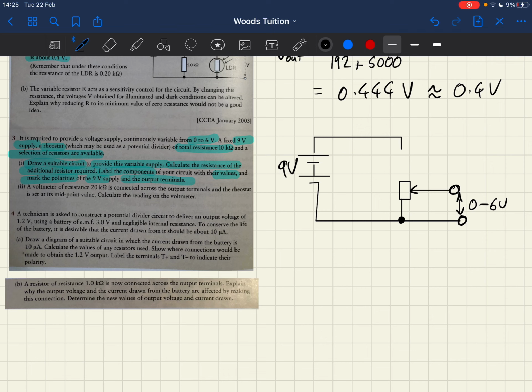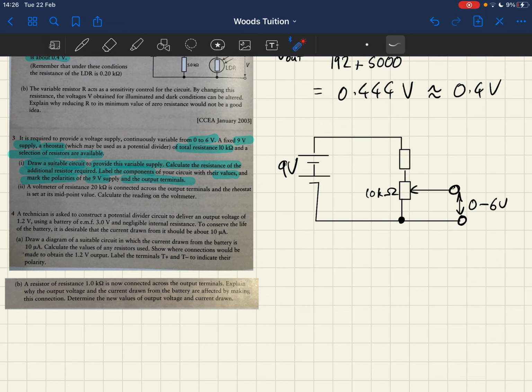We know from the question that the total resistance of this is 10 kilo-ohms, and then it's going to be attached to a resistor, which is what we're going to use to essentially make this whole circuit work. Okay, so whenever we use this, we know that there's a maximum of 6 volts across here, so there has to be a maximum of 3 volts across this one to make up our 9 volts.